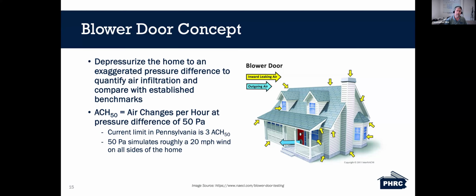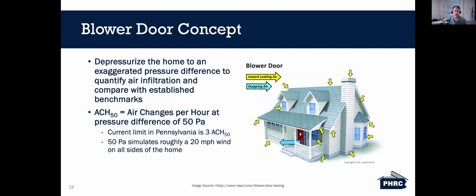When you're exhausting air through that fan, you're creating a depressurized home. And then all of these yellow arrows pointing at the home, they represent areas where you can have gaps and cracks and voids where air can then be drawn from the outside into the structure, right? So the blower door concept is depressurizing the home to exaggerate the pressure difference, quantifying air infiltration compared to an established benchmark.